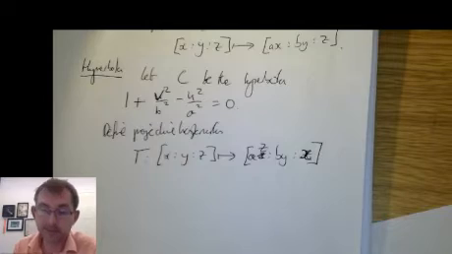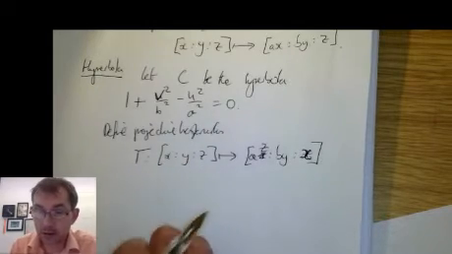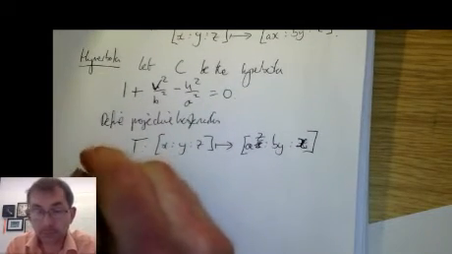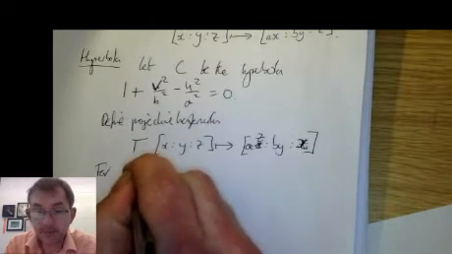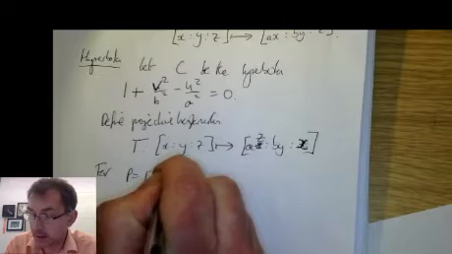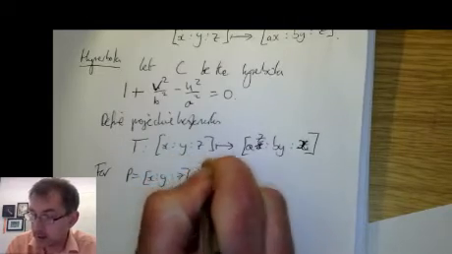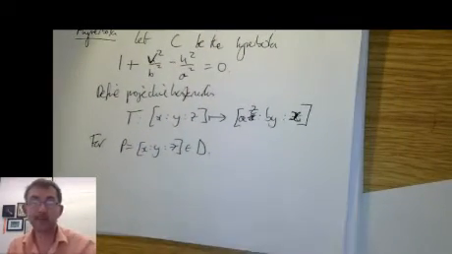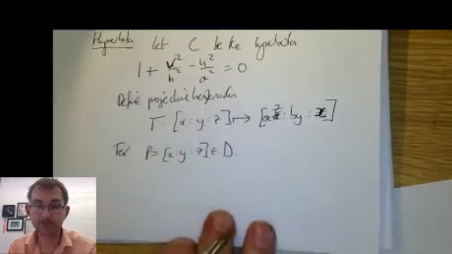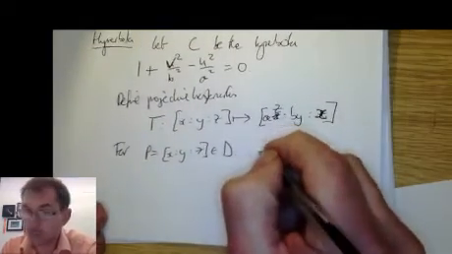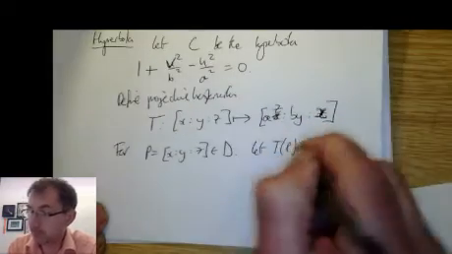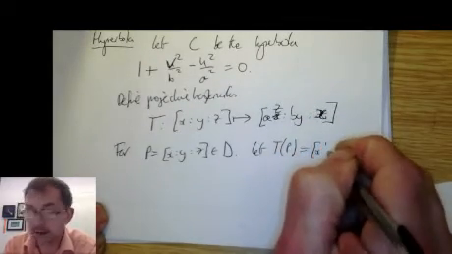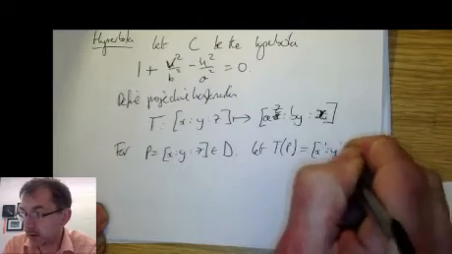That is what we want, and then let's see what that does. So for a point P equal to x, y, z in the unit circle, let TP be equal to x dashed, y dashed, z dashed.